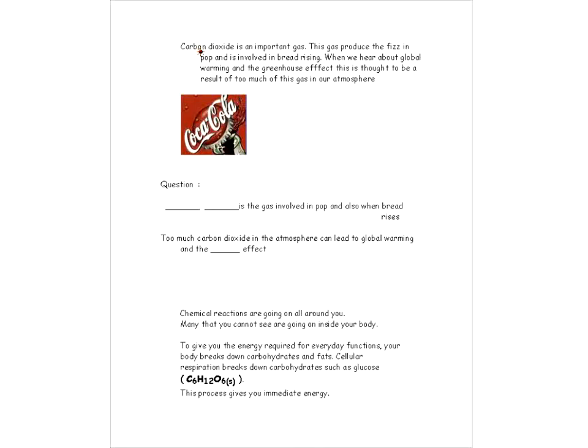Again, it's a result of too much carbon dioxide. So think about what you would put in here. Blank is the gas involved in pop and also when bread rises. And the next question says, too much carbon dioxide in our atmosphere can lead to global warming and the blank effect. What's another name that often goes hand in hand with global warming?